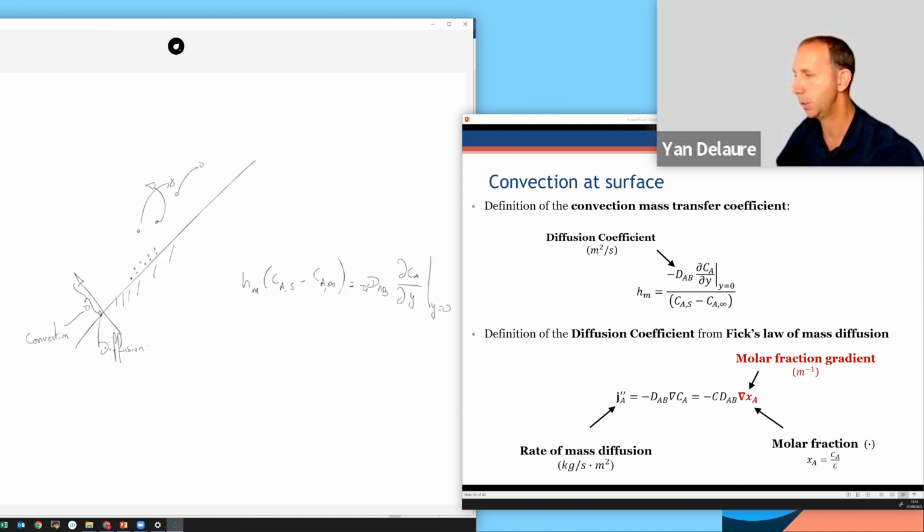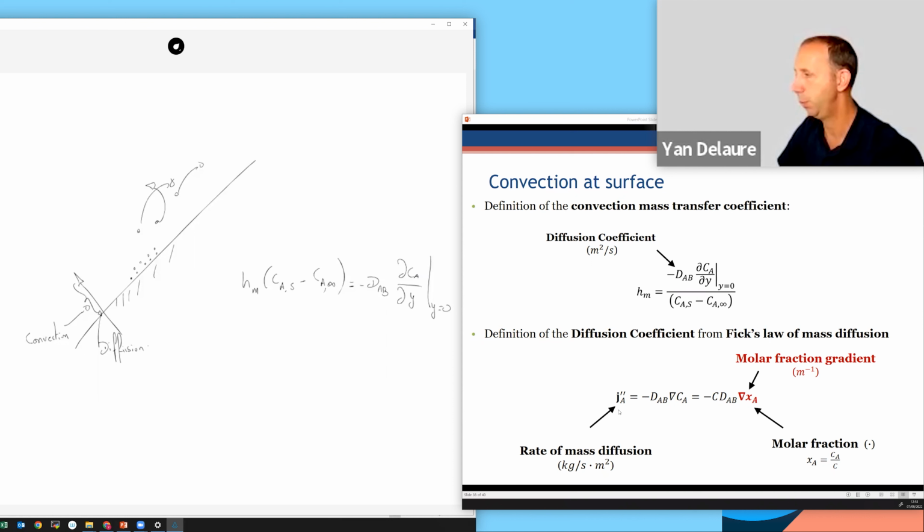We've got a mass transfer or diffusion coefficient for mass transfer. We write it D_AB, that is for a mixture of A and B, and that's the one that you use for the diffusive transport of species A. Then you have your gradient of molar concentration in the direction perpendicular to the wall. So it's very, very similar. It's the same. And this law is called Fick's law of diffusion.